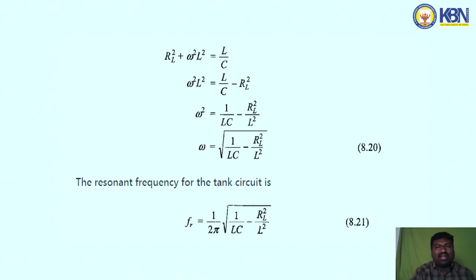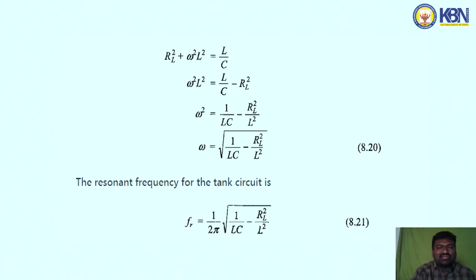In the numerator L and denominator L will be cancelled, and the denominator will have a single L, that means inductor. Omega square equals 1 by LC minus R square by L square. Omega equals square root of 1 by LC minus R square by L square. This is called the resonant frequency of the parallel resonance circuit.